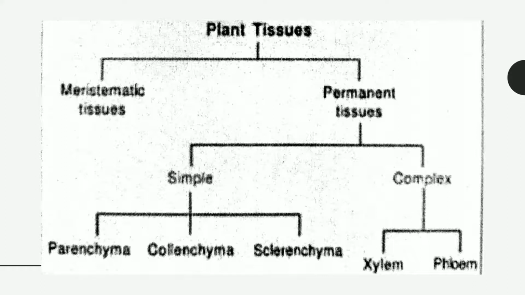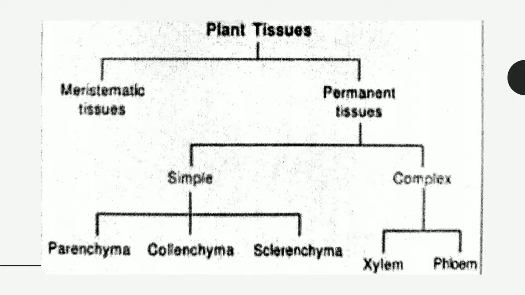The meristematic cells have the ability to divide, due to which they are also called the cells responsible for growth in plants. They don't attain a definite form or size. Meristematic cells are always living cells. And from these meristematic cells, we are able to get the permanent tissues.